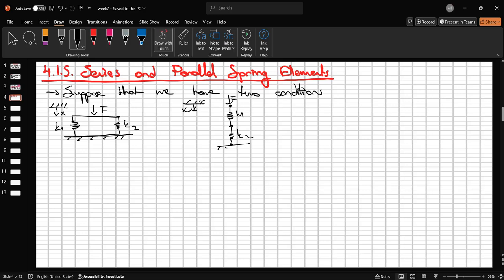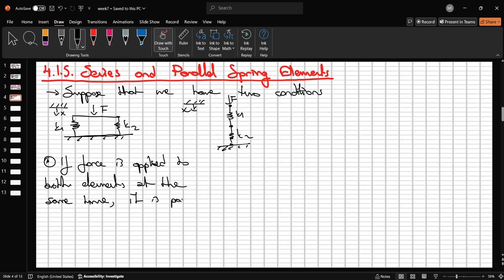One of them is parallel, one of them is series. The formula is the same. If force is applied to both elements at the same time, it is parallel.